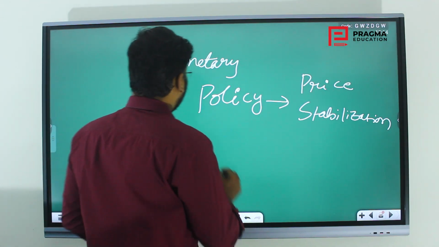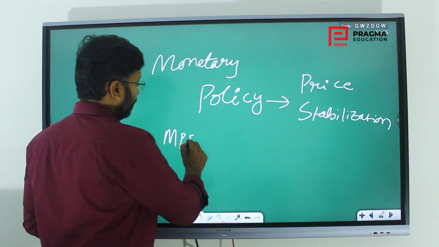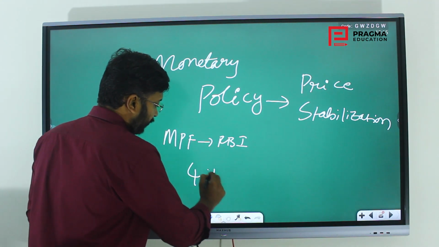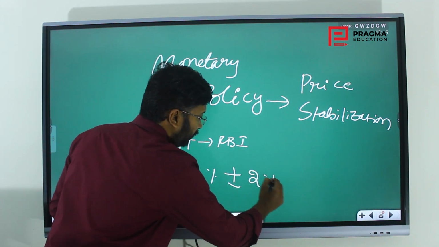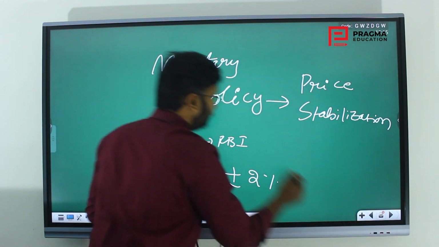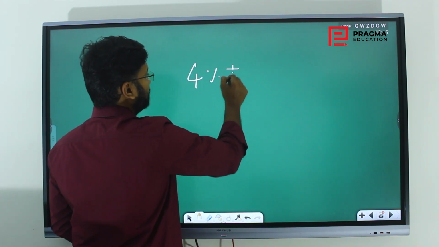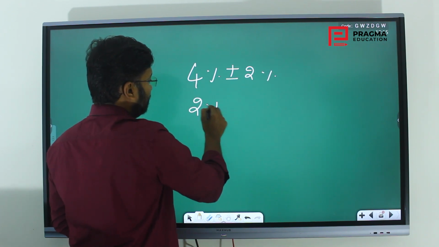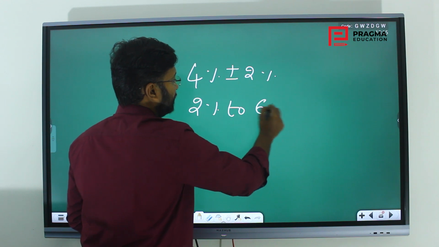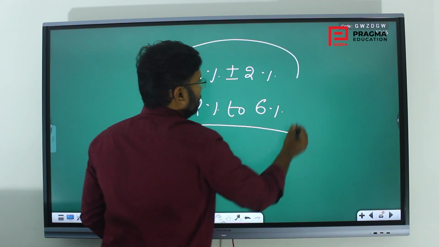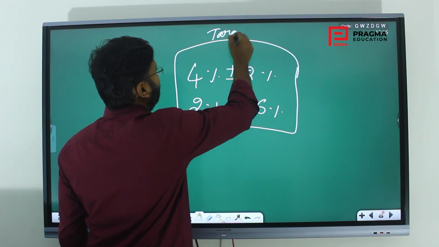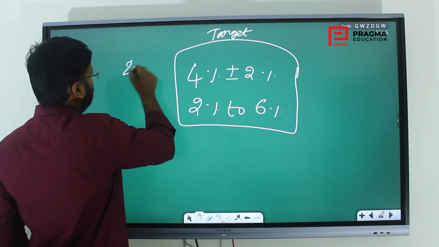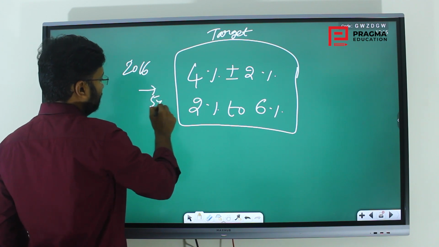So the monetary policy framework will be operated by the RBI, and the target range is fixed at 4% plus or minus 2%. What does it mean? 4% plus or minus 2% means 4 minus 2, that is 2%, to 4 plus 2, that is 6%. So this is the target range for inflation that was fixed by the first monetary policy framework, fixed in 2016, and it is valid for 5 years.